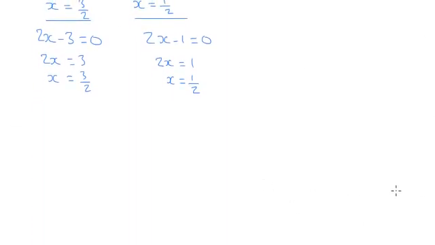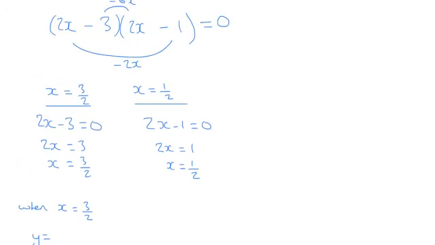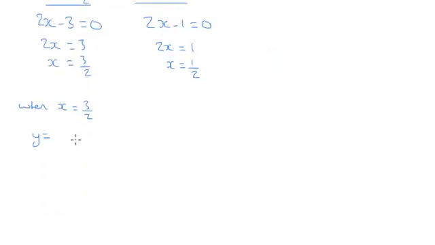So when x is 3 over 2, y is equal to 2x take away 4. So 2 lots of 3 over 2 take away 4. 2 lots of 3 over 2 is 3, and 3 take away 4 is negative 1.